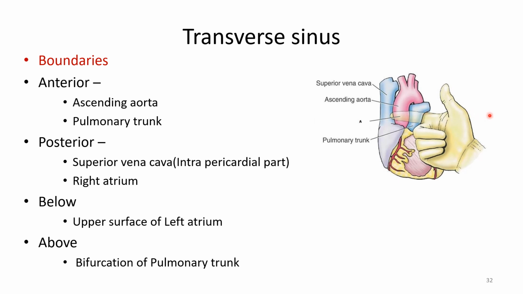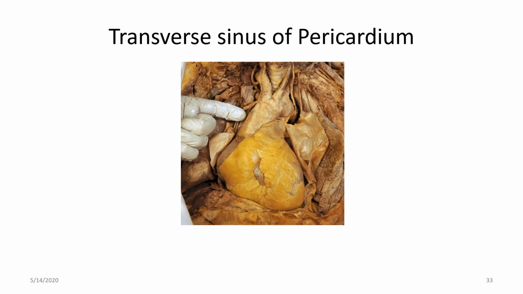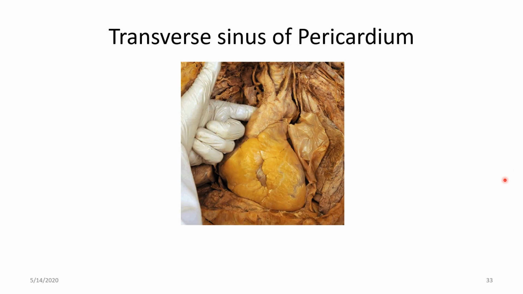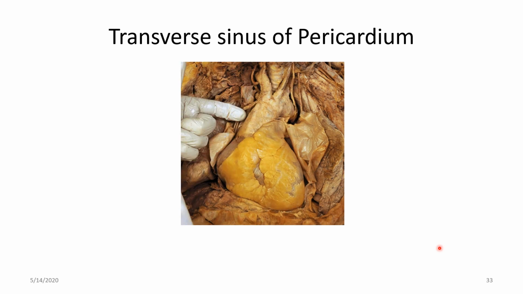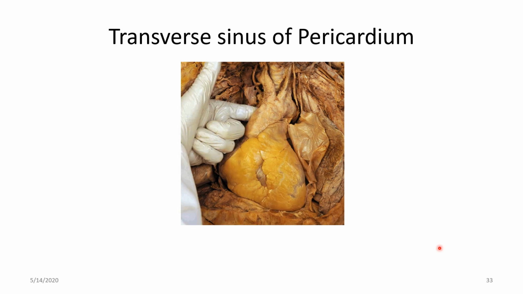That's about the boundaries of the transverse sinus of pericardium. And in this picture, you can see the index finger is placed behind the aorta and the pulmonary trunk. That means it is in the transverse sinus of pericardium.